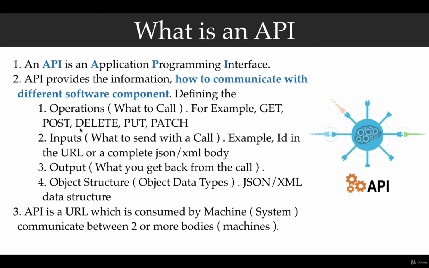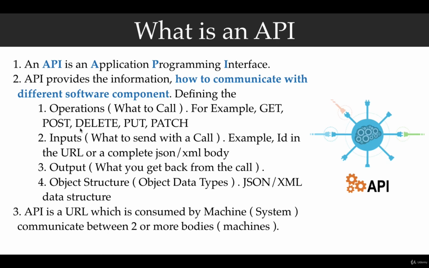For example, we have created an order processing API, which provides that if you call a URL with the method GET, you will get this particular response, and this response will return you the order.